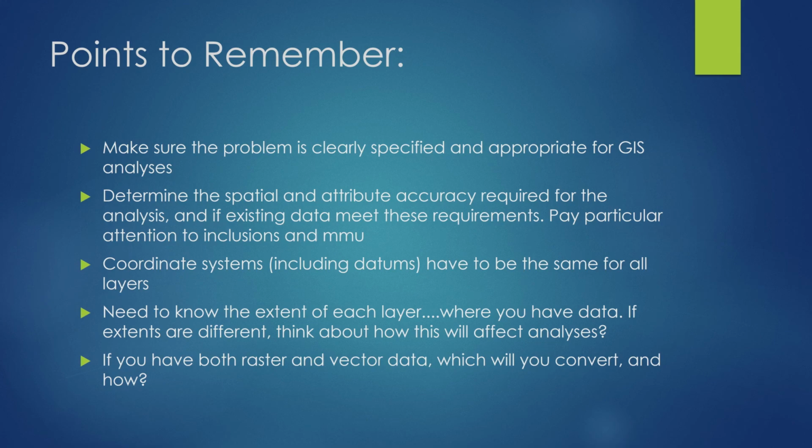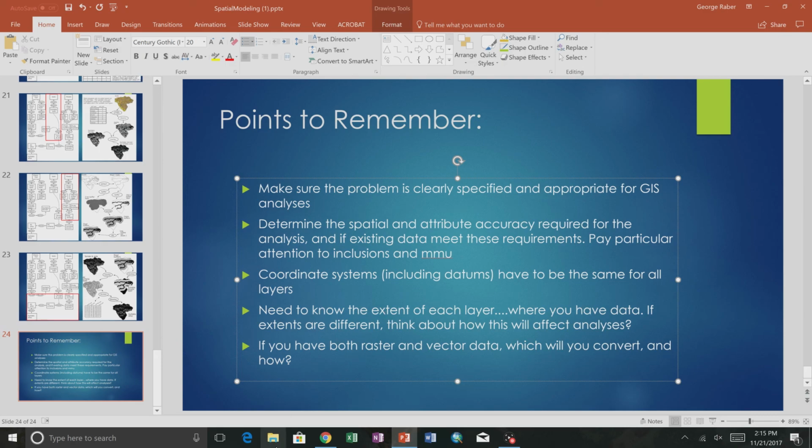If I have a bunch of cells, am I going to follow all the cell boundaries, or am I just going to follow the center of each cell around? That all gets into how precise you want to be with the result.